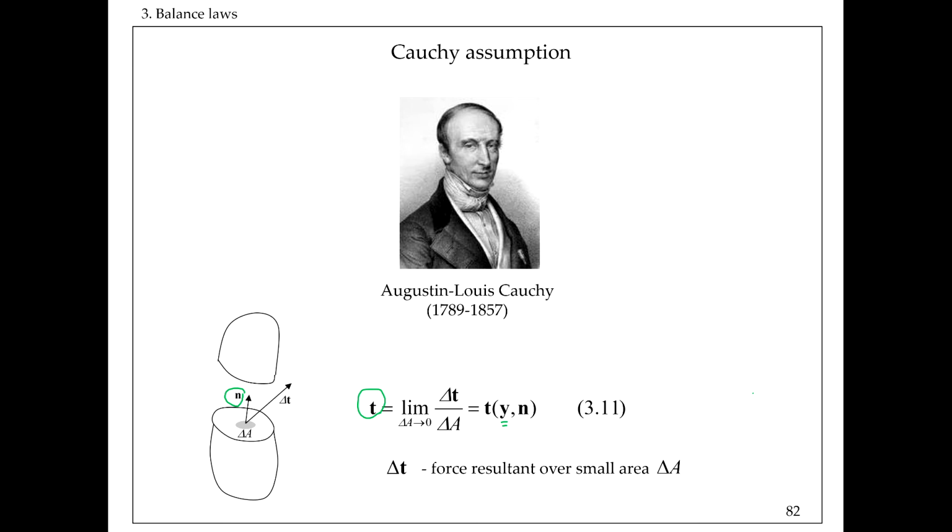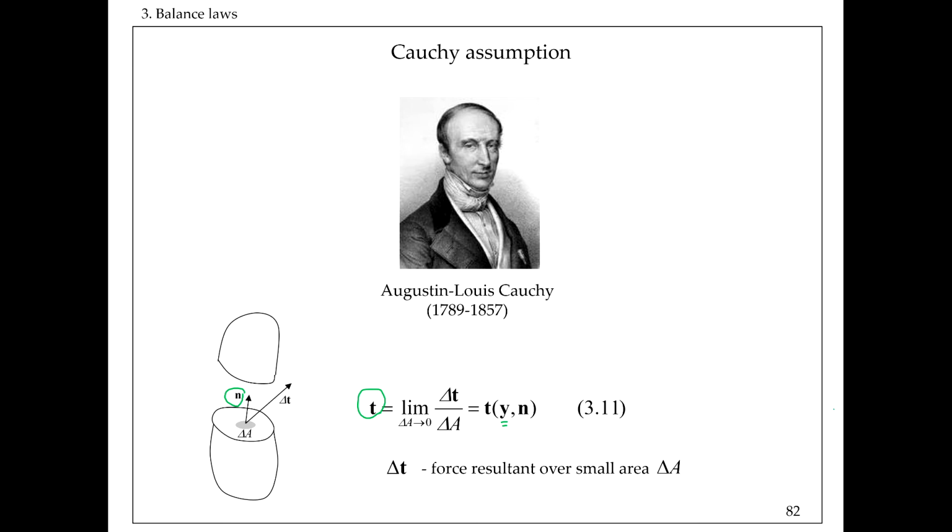Now there are important consequences of that we can deduce, and we'll try to use them in our derivation of this linear momentum balance. The first one that we are going to deal with is called the principle of action and counteraction.